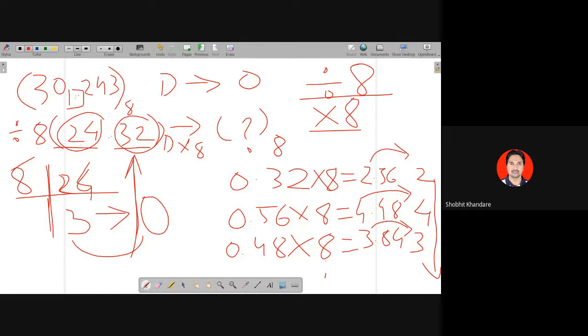I took an easy one: 8 3s are 24. I cannot proceed further and I have to go from bottom to top. In successive division the approach is always bottom to top, and in successive multiplication the approach is top to bottom. So in the bottom-to-top approach we take this 3 and later this 0, so I took 3 0 here.